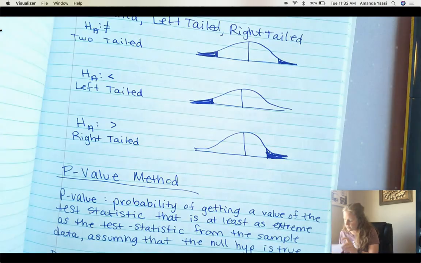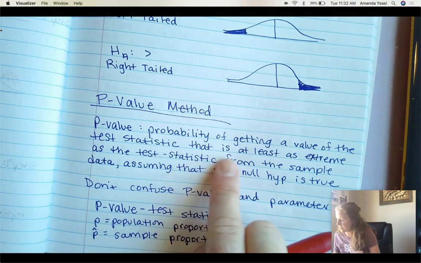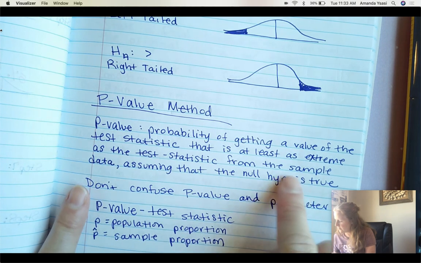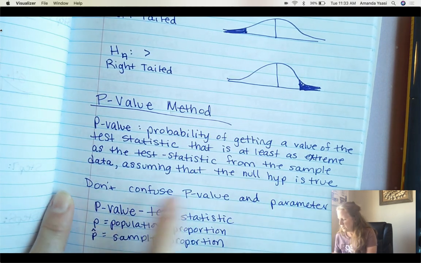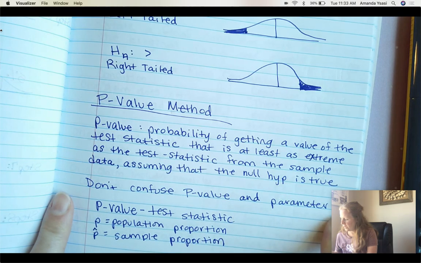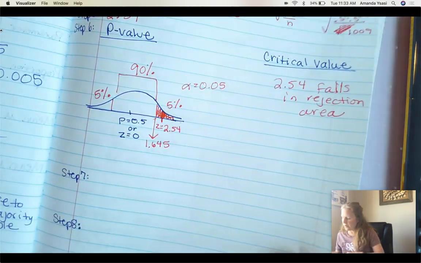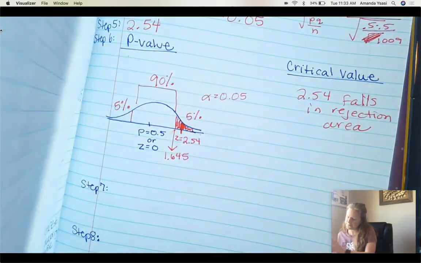Okay, then the next one is your p-value. Probability of getting a value of test statistic that is at least as extreme as a test statistic from the sample data, assuming that the null hypothesis is true. Don't confuse p-value with parameter p. Remember that p-value that we got earlier at the very beginning from our calculator?